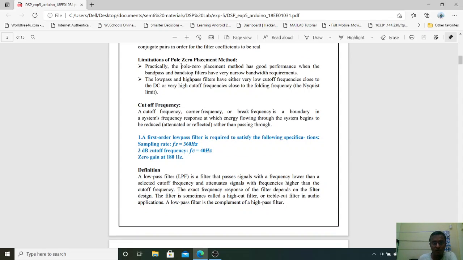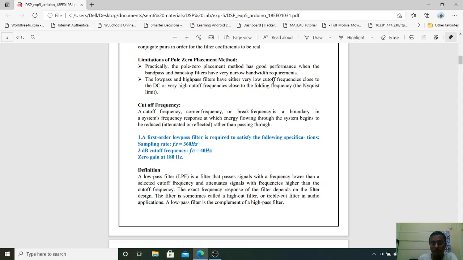And these are some limitations of the pole zero placement method. In the case of band pass filter and band stop filter, the performance of this method will be good or better only if the bandwidth is very narrow, but if it is not narrow, then performance will not be very good.